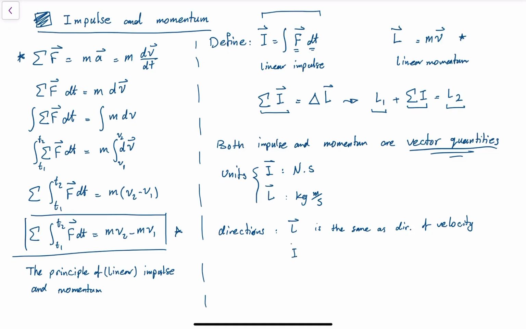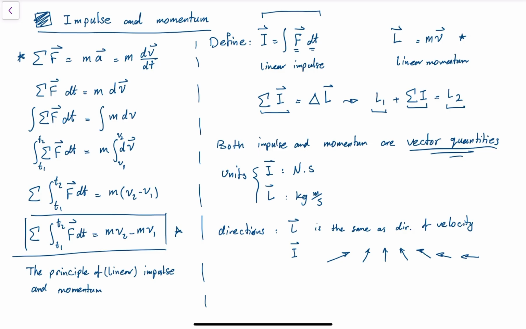The direction of I, the linear impulse, you cannot immediately assume, because remember that you're summing over time a whole bunch of forces. So if the direction of the force, for instance, changes, you may end up with any possible direction.